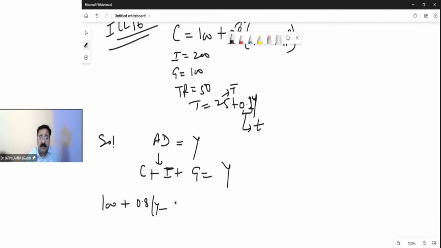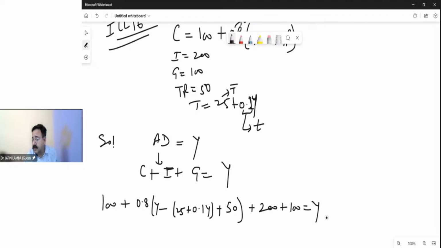What is the value of tax given here? 25 plus 0.1y, plus transfer. What is transfer here? 50. Plus I, C plus I. I is 200. G is 100, is equal to y. Is it clear, children?